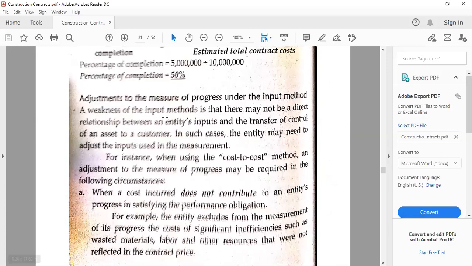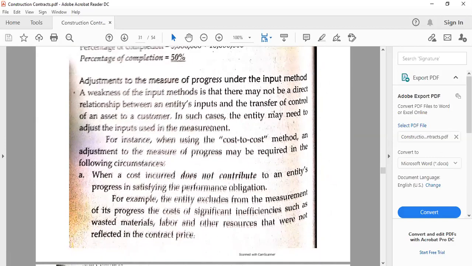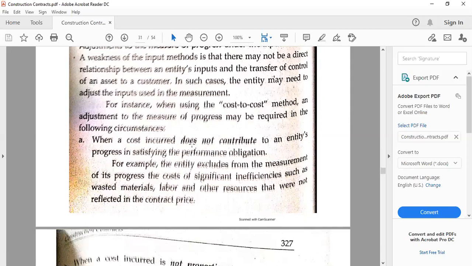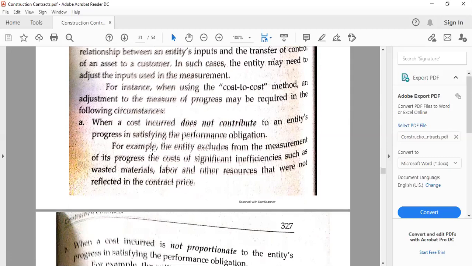Next, what if there will be adjustments to the measure of progress under the input method? It's possible that, let's say, there are certain items on total contract costs and the total cost incurred to date, just like what we have a while ago, that have to be removed from our computation. So here are the following circumstances in which our costs will have to be adjusted, either the numerator or denominator or both.